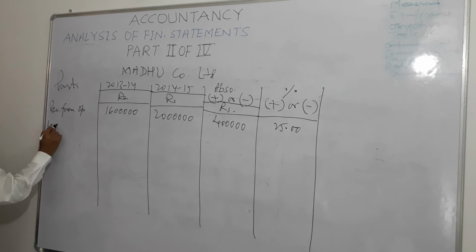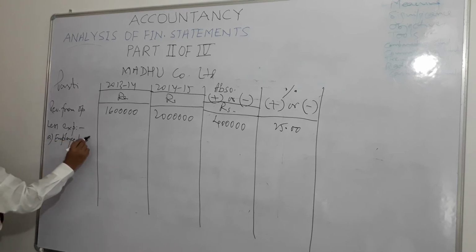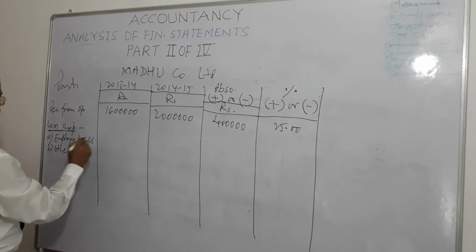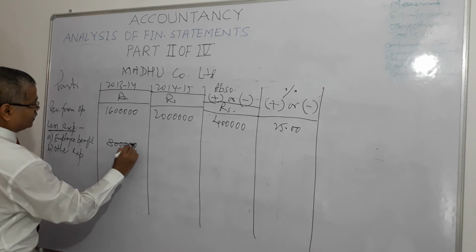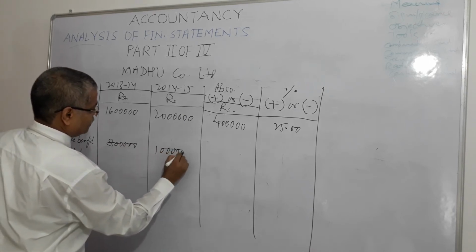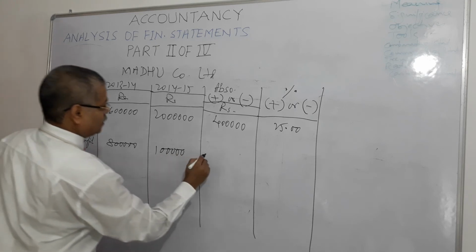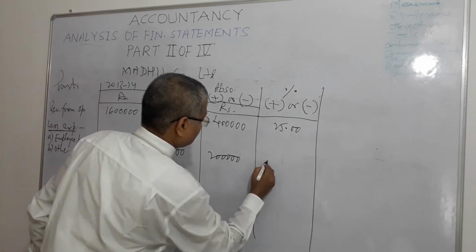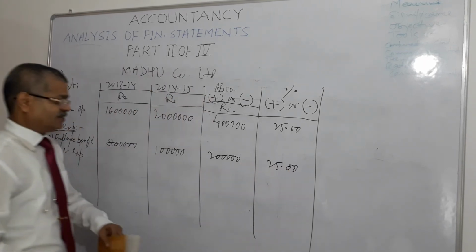We will write less expenses: A, employee benefit, and B, other expenses. Employee benefit is 8 lakhs to 10 lakhs. It was 8 lakhs, became 10 lakhs. So the absolute increase is 2 lakhs. 2 lakhs as a percentage of 8 lakhs, 25% exactly.